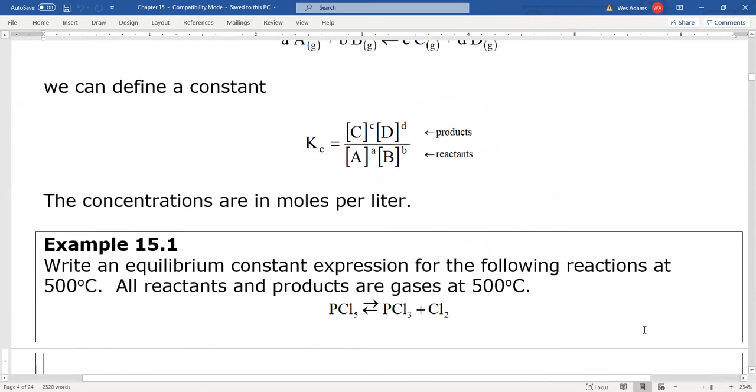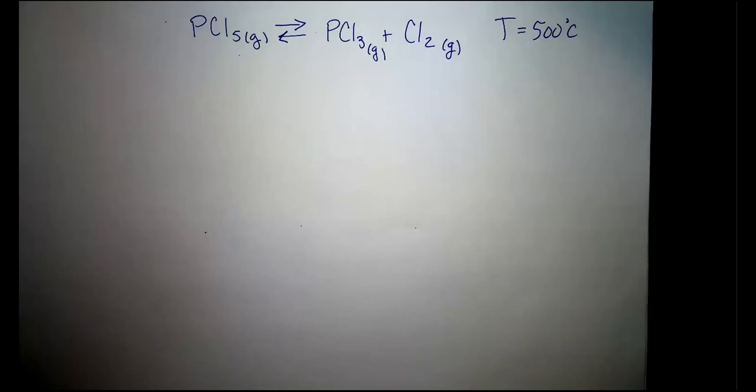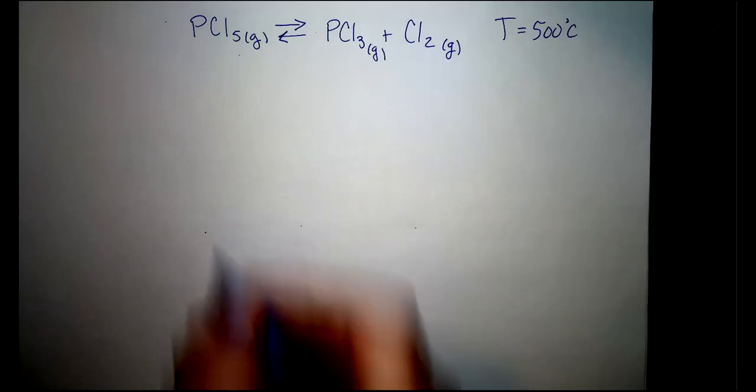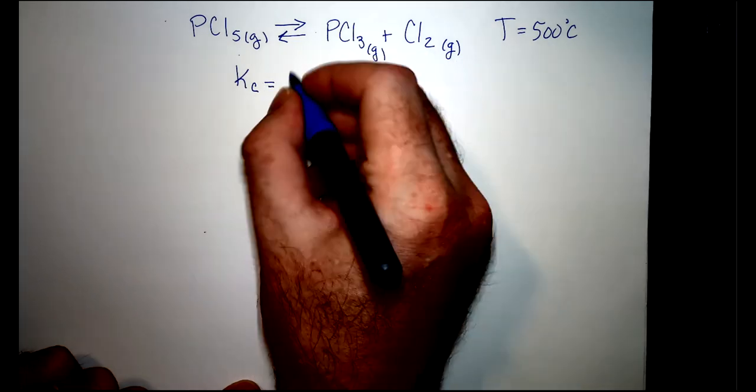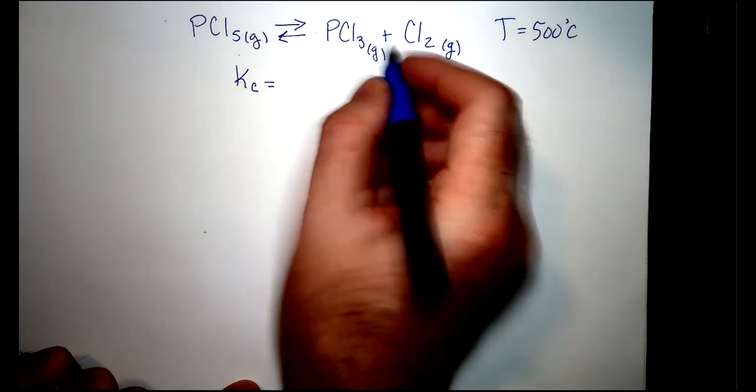So this brings us to our example. Let's say we write an equilibrium constant expression for each of the following reactions at 500. So we've got PCl5 going to PCl3 and Cl2, everything's a gas. And so what we're going to do is our Kc would be equal to the concentration of our products.